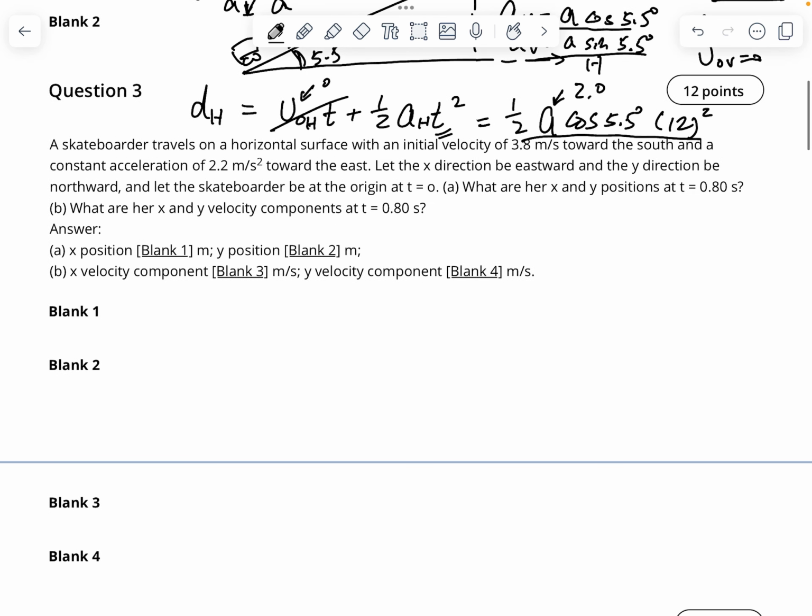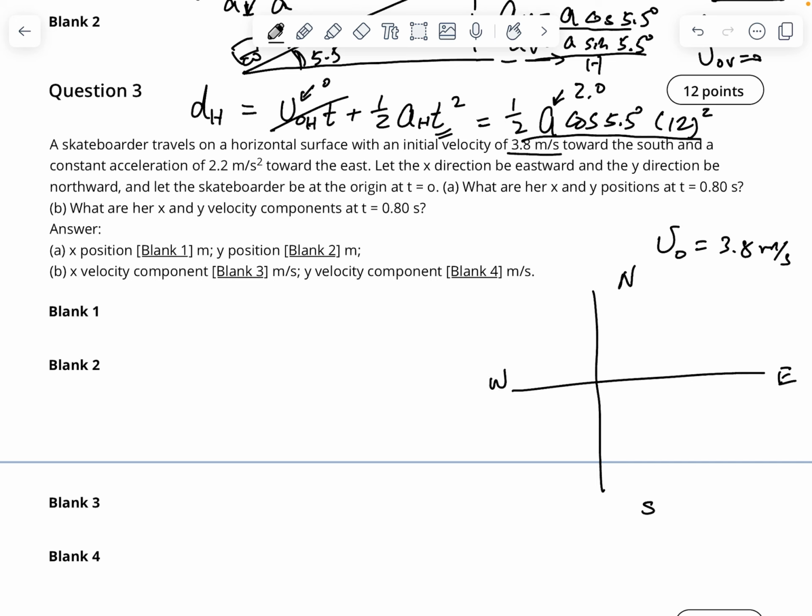All right, number 3. A skateboarder travels on a horizontal surface with initial velocity, so this is v naught, equal to 3.8 meters per second towards the south. Okay, so here we have south, east, north, west.